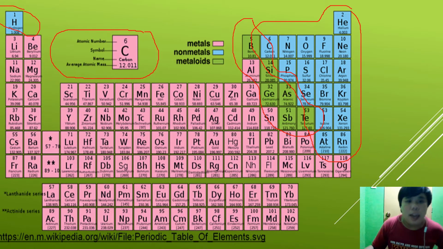We have the name below, and then the average atomic mass, which if we round it off, becomes the mass number. For example, for carbon, that is 12.011. If we round it off, that becomes the mass number, 12.